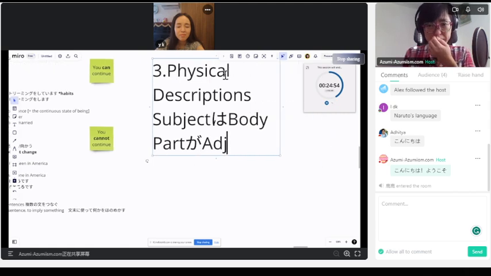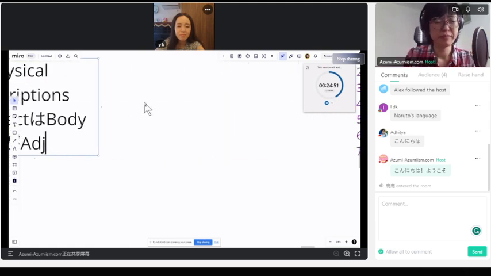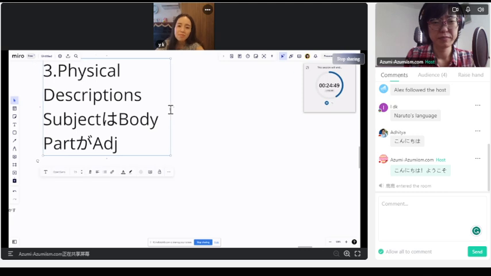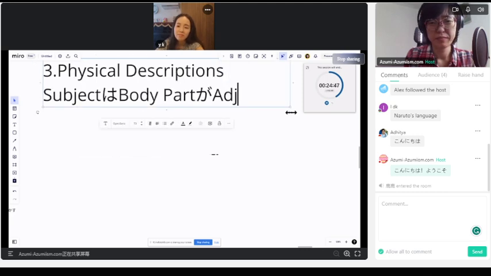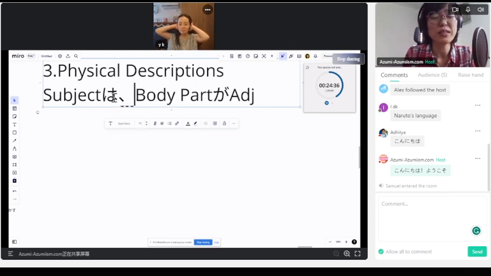But it's more natural in Japanese to say the subject, Andy wa atama ga ookii. Andy is having a big head, basically, is what that means. And it's true. My head is pretty large. So, describing people: Subject は body parts が adjective.